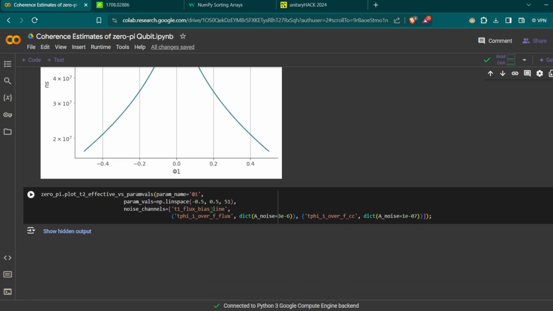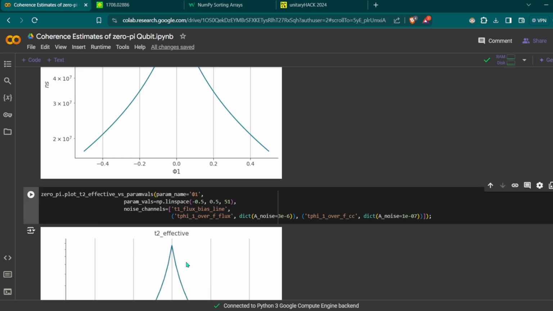And if we also specify the parameters for the noise channels, about what type of noises we need in our T2 effective while calculating, then we can also generate such graphs.